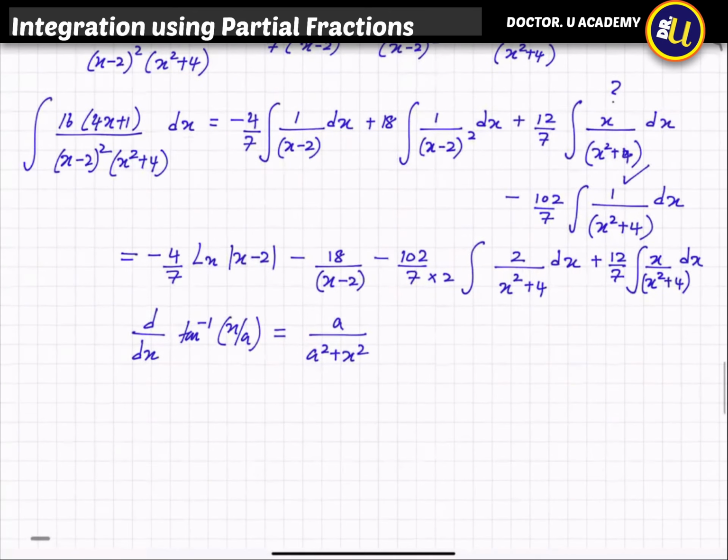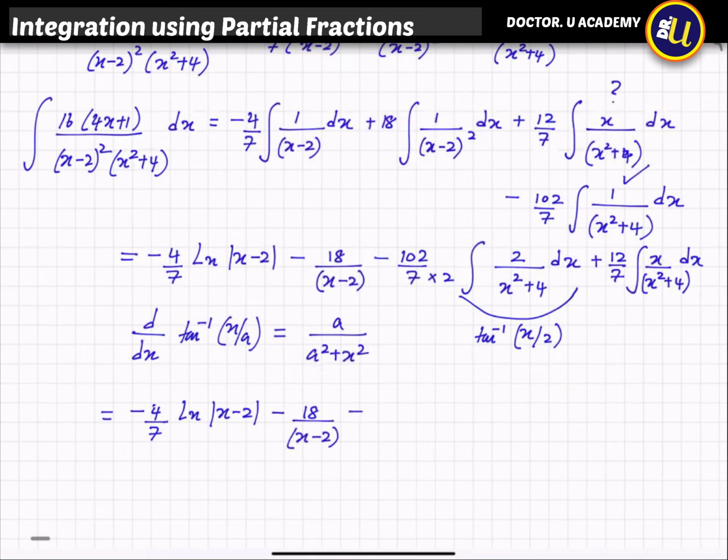Okay, so now I will take this one. This one is nothing but tan inverse x divided by 2, where a becomes 2, so I can rewrite. This is going to be minus 4 divided by 7 ln mod x minus 2, minus 18 divided by x minus 2.